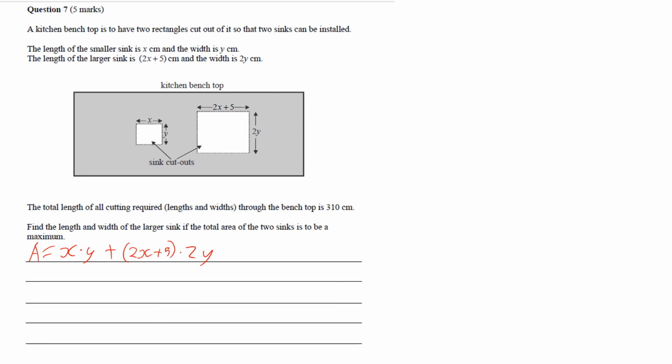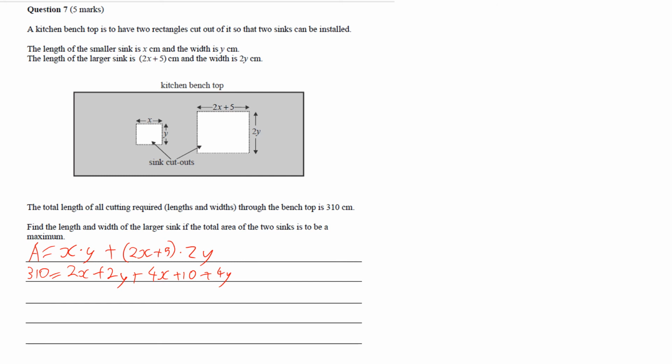The total length of cutting is the same as the perimeter. So we can say 310 is equal to 2x plus 2y, that's the perimeter of the smaller rectangle, plus, for the bigger rectangle, 4x plus 10 plus 4y. Those last two are the perimeter of the larger rectangle.